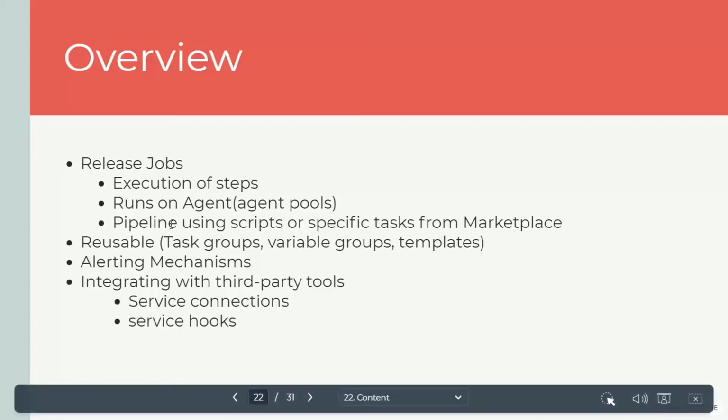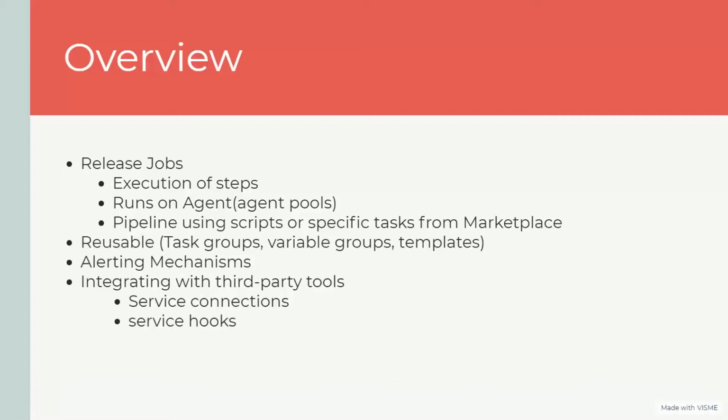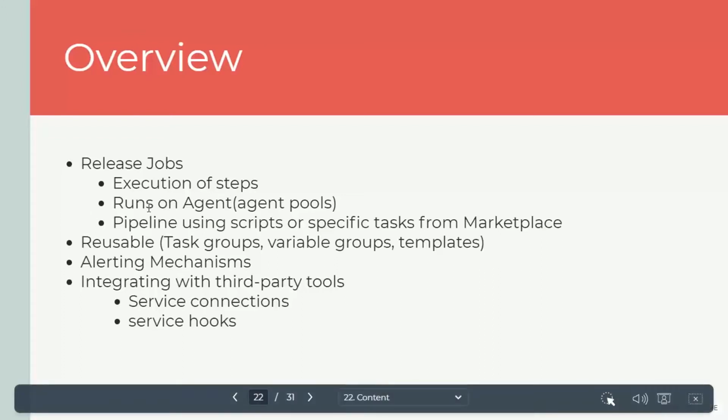Okay. And we know all the steps will be running on one of the agent machines. It could be a Microsoft hosted agent machine, or a self-hosted agent machine, which we already discussed many times, so you are aware of it.